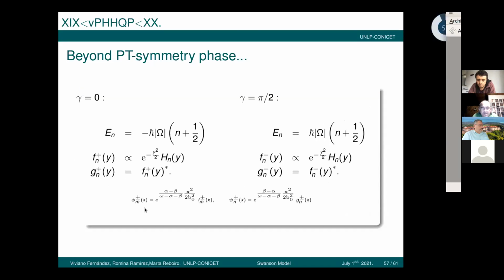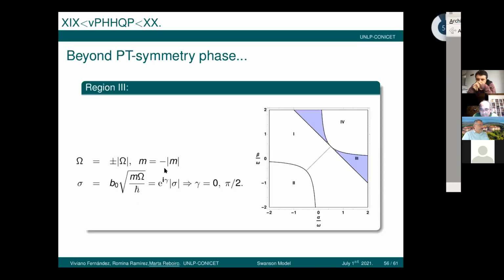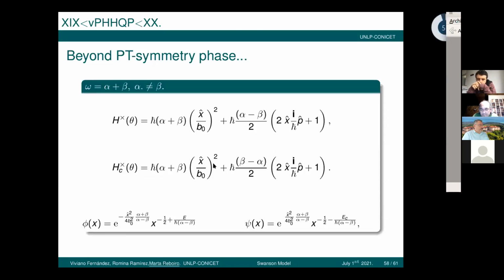We have the solution of the equation, which we have derived here from the original Hamiltonian by taking omega equal alpha plus beta and taking alpha different from beta.